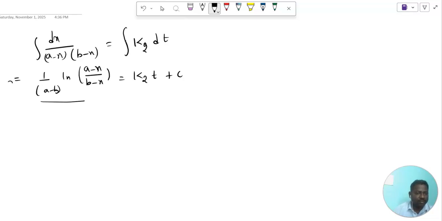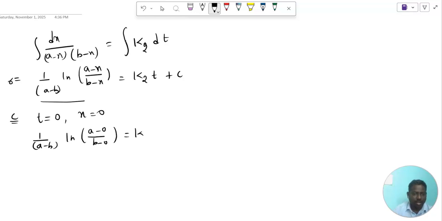From this equation we can find c. To find c, we apply the condition t is equal to 0 and x is equal to 0, because at time t equal to 0 there will not be any formation of product. The concentration of product will be 0 theoretically. Applying the values in the equation: 1 by (a minus b) ln of (a minus 0) by (b minus 0) is equal to k2 into 0 plus c.